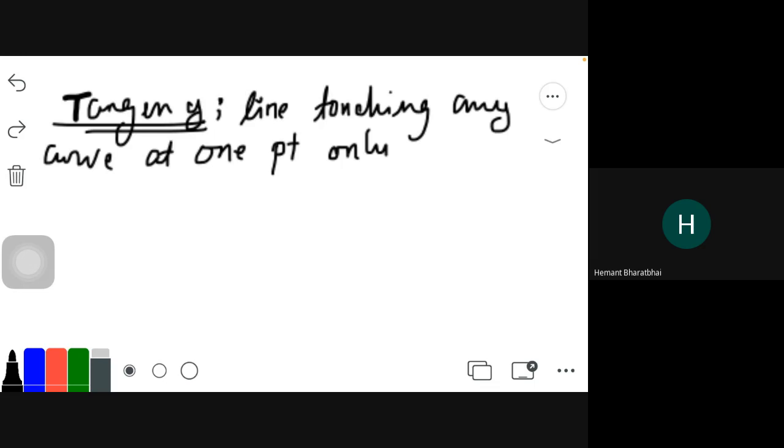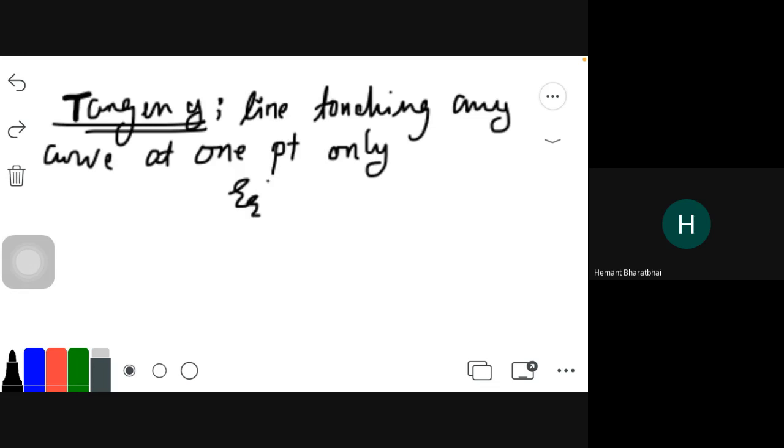Now here we are going to deal with problems where we will have to find the equation of the tangent. This applies for circles, parabola, ellipse and hyperbola. So understand it here itself, I will not explain again and again.